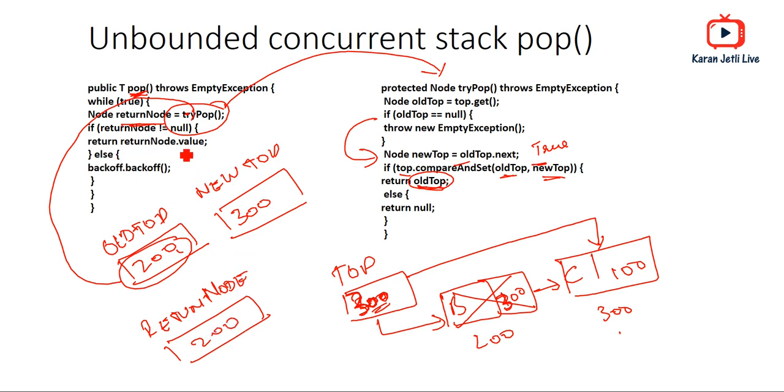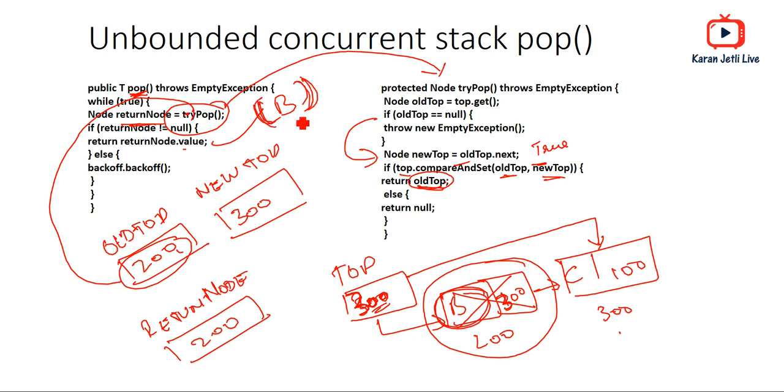Then return node dot value. So what is the value here? B. So it returns B. If it was not successful, it would have sent a null and we would have come here. We would have called the back off.